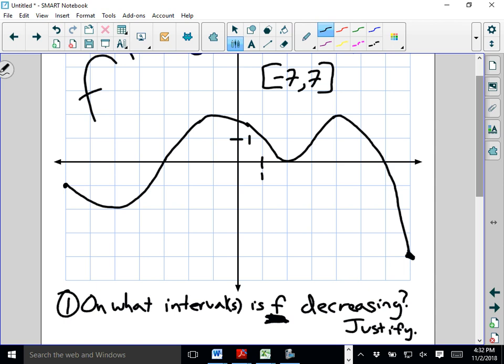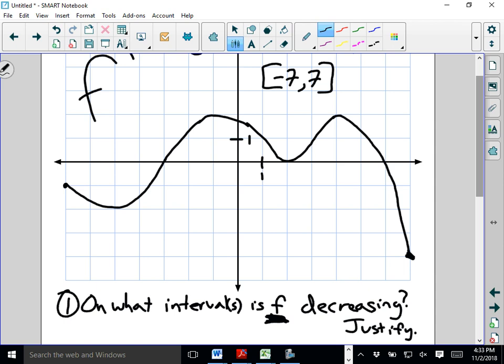I don't care where this particular graph is decreasing, because the question is about f and the graph is about f prime. So what I need to do is think back to my definitions that I had you write down before. Go ahead and look up at your notes and see what happens when f is decreasing. Well, when f is decreasing, f prime is negative. So what I need to do now is report the interval where f prime is negative, not the interval where this particular graph is decreasing.